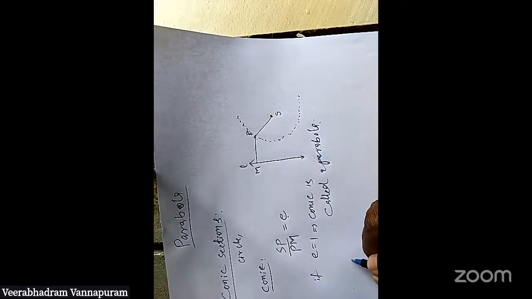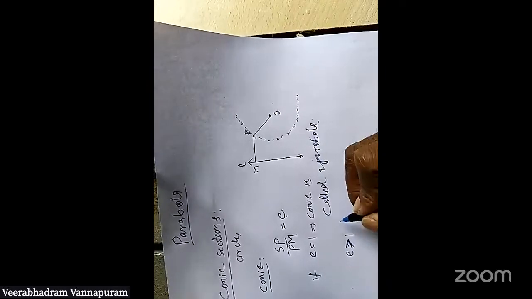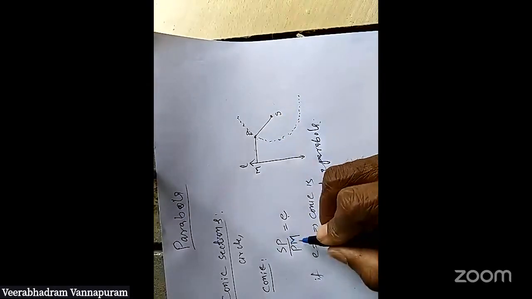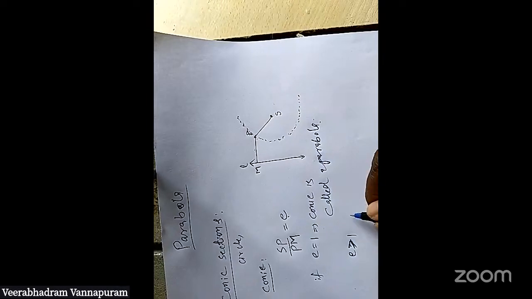Next, if E is greater than 1, if this constant ratio is greater than 1, then the conic is called hyperbola. So SP by PM ratio equal to E. If E value is greater than 1, then the conic is called hyperbola.